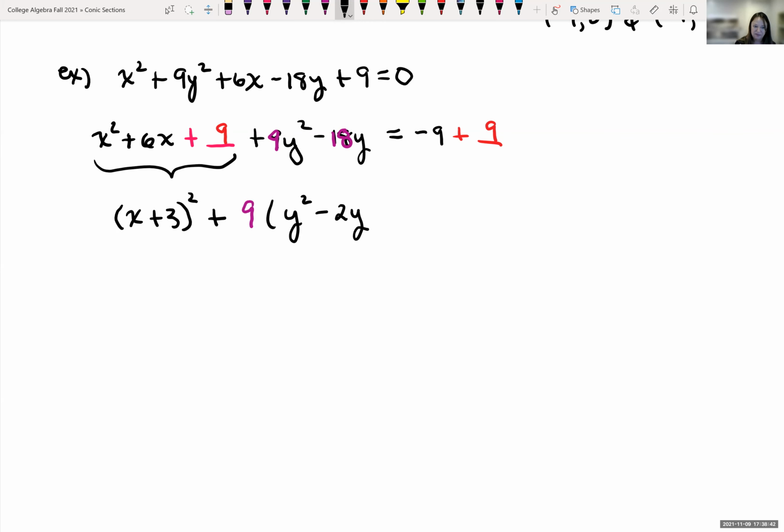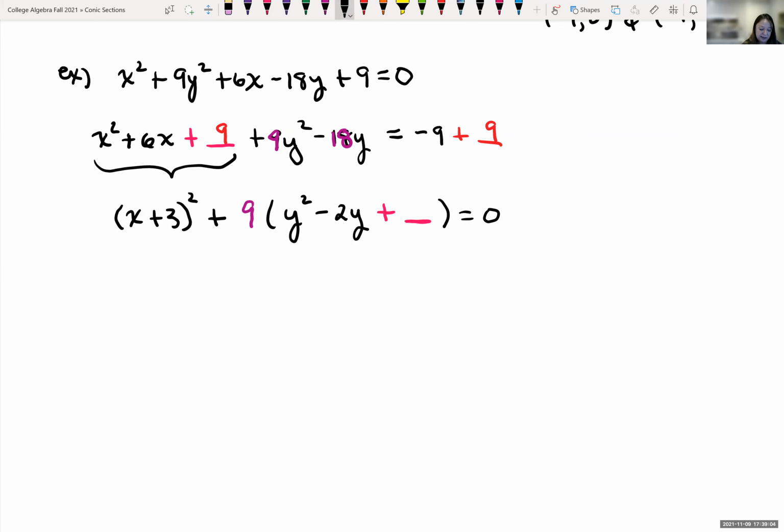Let's just think of it as we're going to add something in here to make this a perfect square. Minus 9 plus 9. Negative 9 plus 9 is equal to 0.